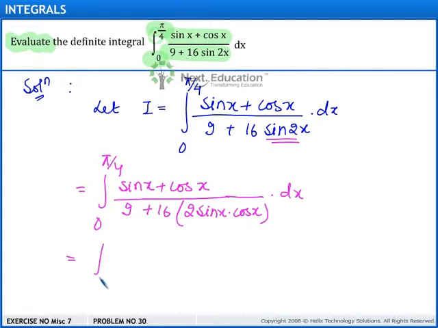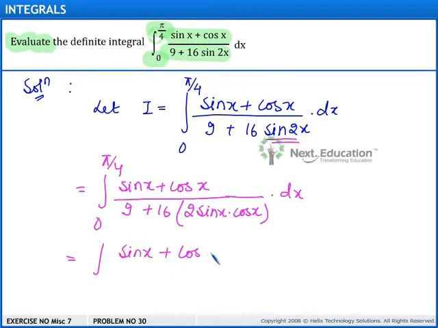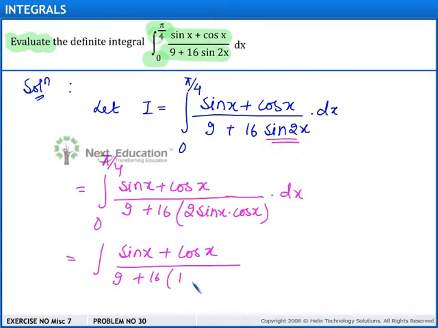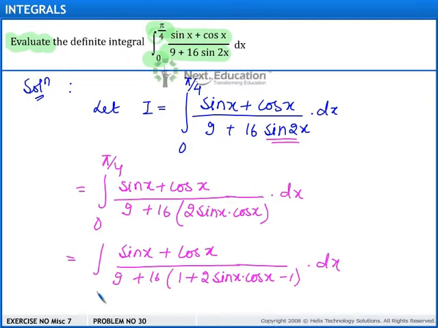So this is further equal to the integral of (sin x + cos x) divided by 9 + 16. Now adding and subtracting 1, this can be written as 1 + 2 sin x cos x - 1, dx, and the integral is from 0 to pi by 4.